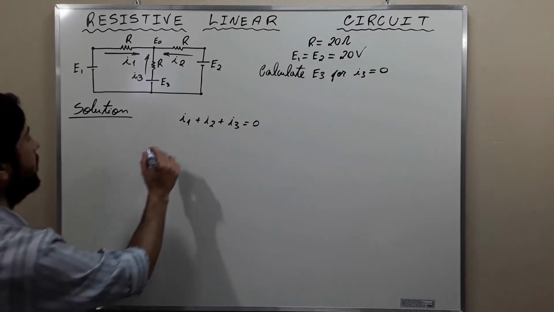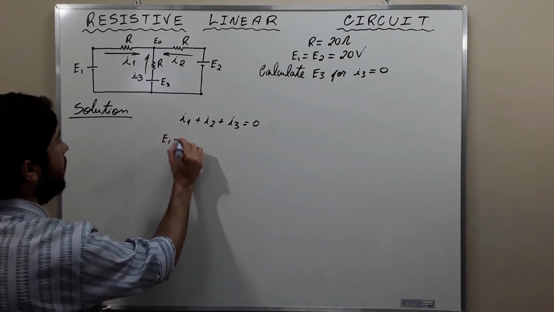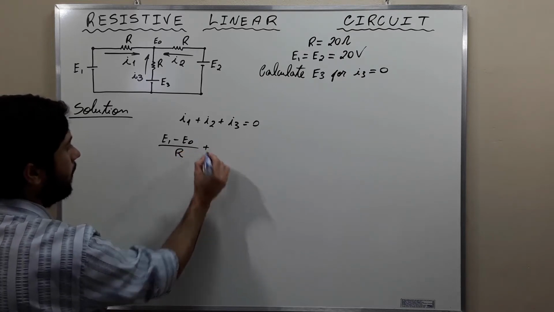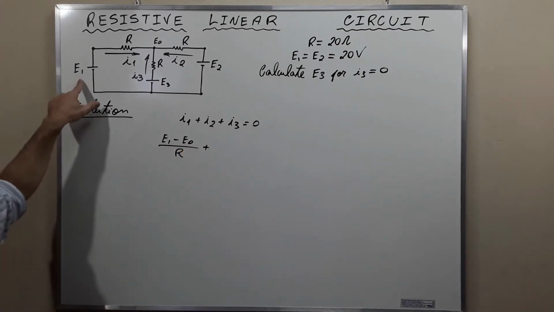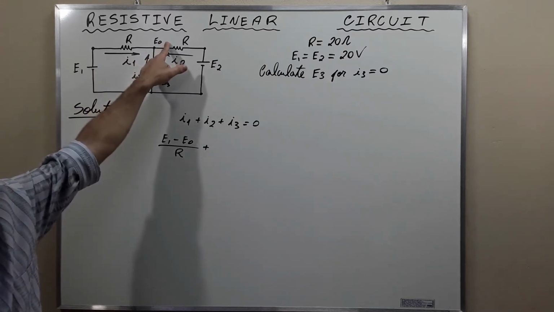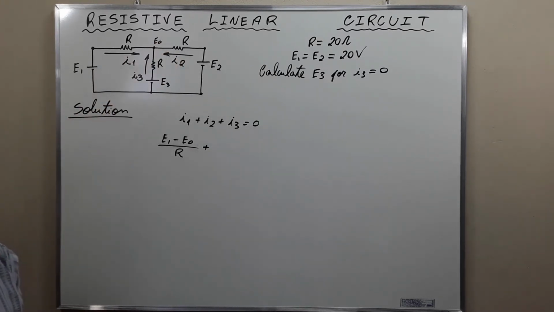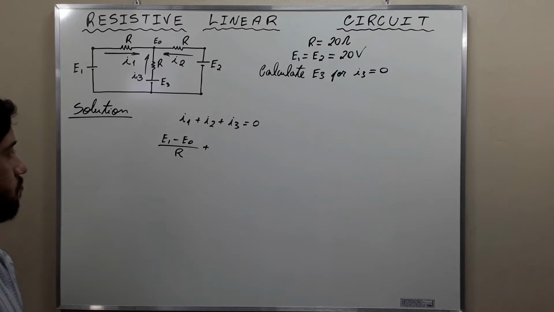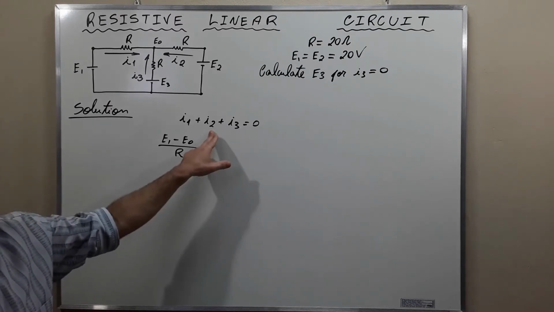I1 is E1 minus E0 divided by R. The exercise gave E1 but did not give E0. E0 is just a reference voltage that I used here that would allow us to calculate what we want. And who is I2?